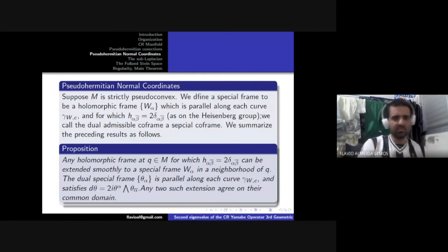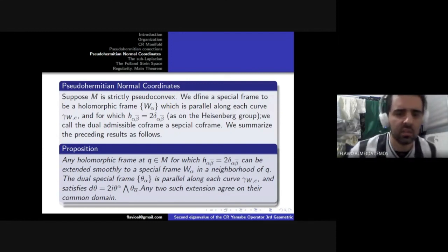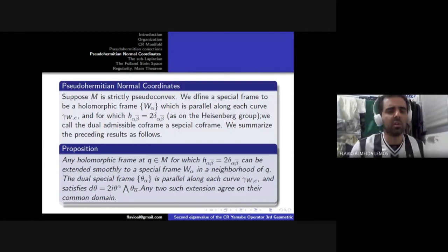We have similar normal coordinates in the Riemannian context and in the CR context, where they are called pseudo-Hamiltonian normal coordinates. The geodesic curve in the Riemannian manifold is treated here like the geodesic parabolic curves.